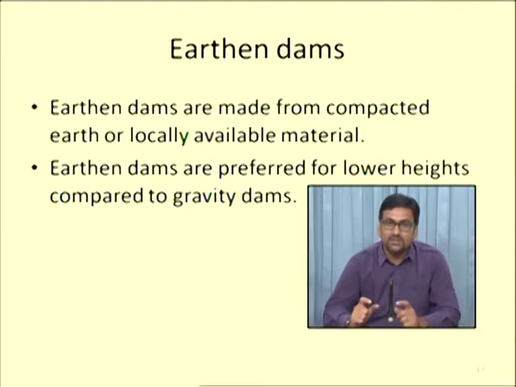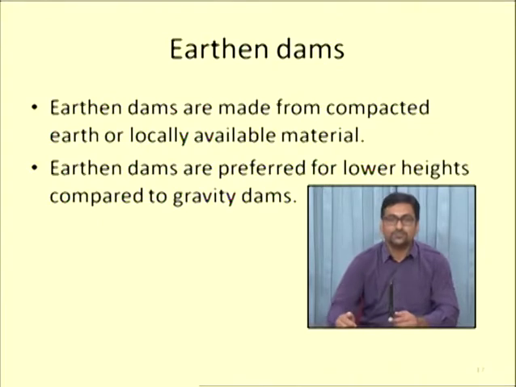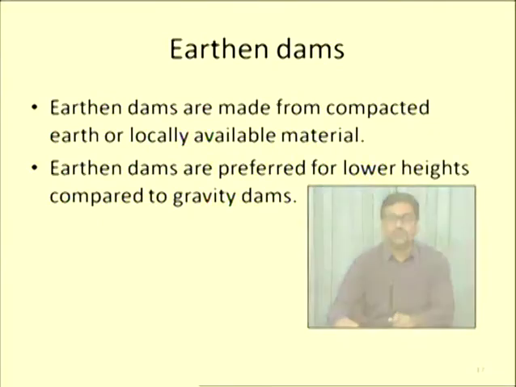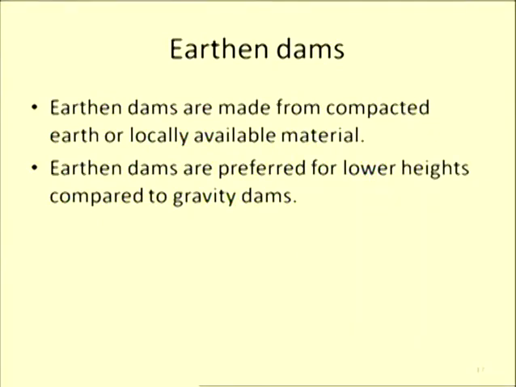So earthen dams are made from compacted earth, so compacted that it holds water upstream. It is compacted properly with locally available soil, sometimes clay mixed with soil. Earthen dams are preferred for lower heights compared to gravity dams.